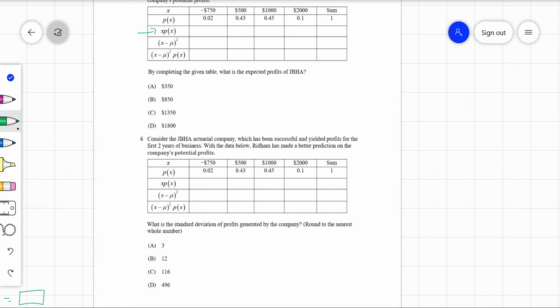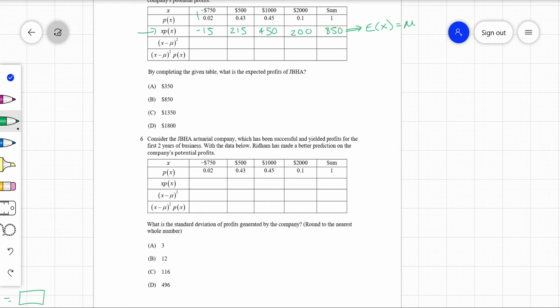I'm just doing 0.2 times negative 750, and that gives me negative 150. 0.43 times 500 gives me 215, etc. So this is an easy one, 450. This is an easy one, 200. If I add those all up, I get 850. Remember, that is giving me E of x, or mu. So my expectation is 850.